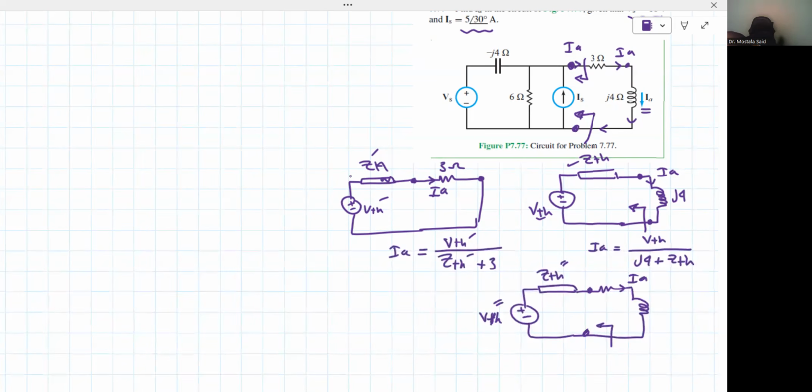This is IA flowing through the 3 ohm and the j4, and IA is V Thevenin double dash divided by Z Thevenin double dash plus 3 plus j4, the whole reactance. All should give you the same answer, although V Thevenin is generally different from V Thevenin dash, different from V Thevenin double dash. You might find them equal, but generally they are not. Z Thevenin dash is generally different from Z Thevenin, and generally different from Z Thevenin double dash.